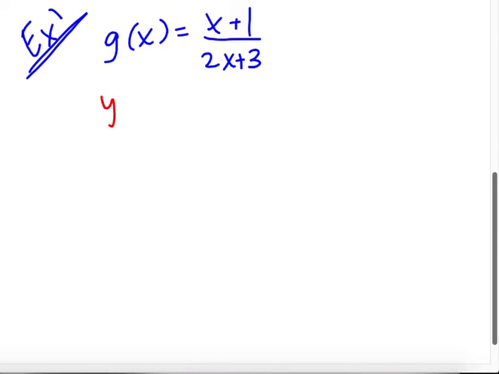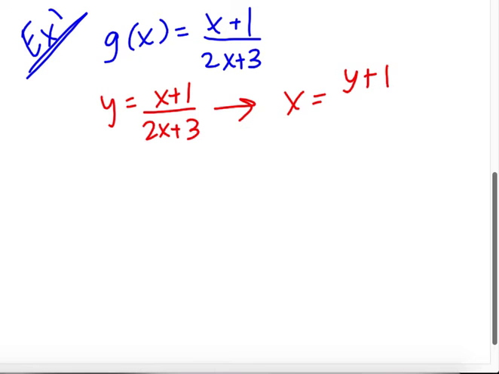So I'm going to say y equals x plus 1 over 2x plus 3. Then switch all of our x's and y's. So that's going to make it x is equal to y plus 1 over 2y plus 3. And now I need to solve for y. So this is maybe a little tricky. That's why we're doing this. Because once you see it, you can use these algebra skills to do your assignments.